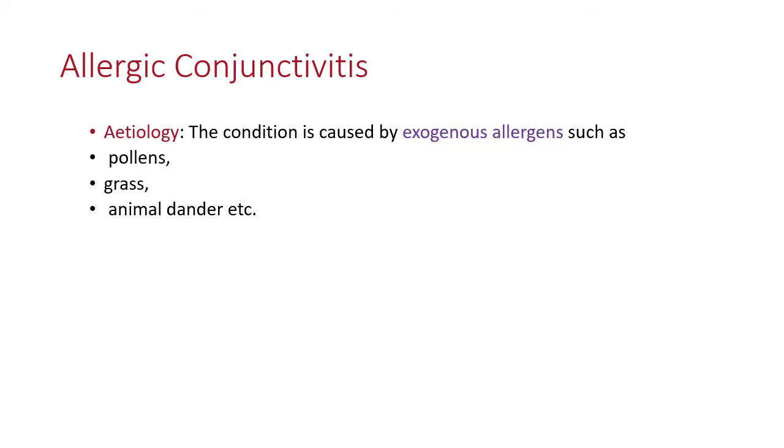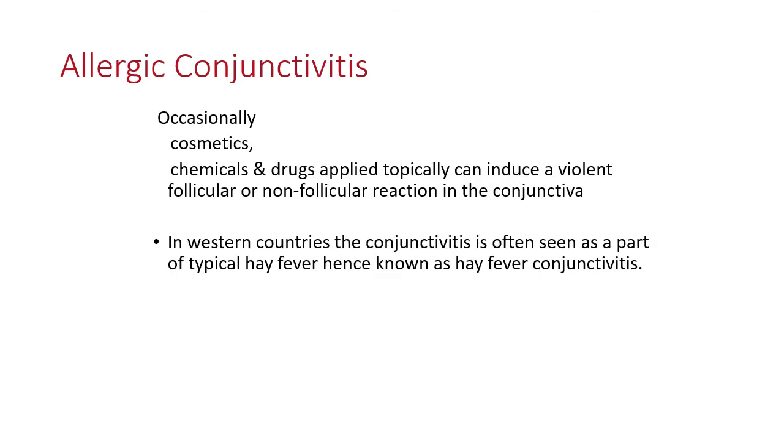The etiology: the condition is caused by exogenous allergens such as pollens, grass, animal dander. So this is an exogenous allergen. In phlyctenular conjunctivitis, you will deal with an endogenous allergen. Occasionally, cosmetics, chemicals and drugs applied topically can induce a violent follicular or non-follicular reaction in the conjunctiva.